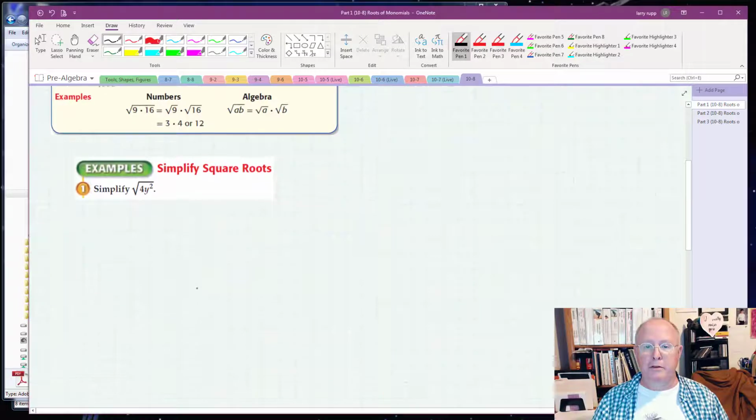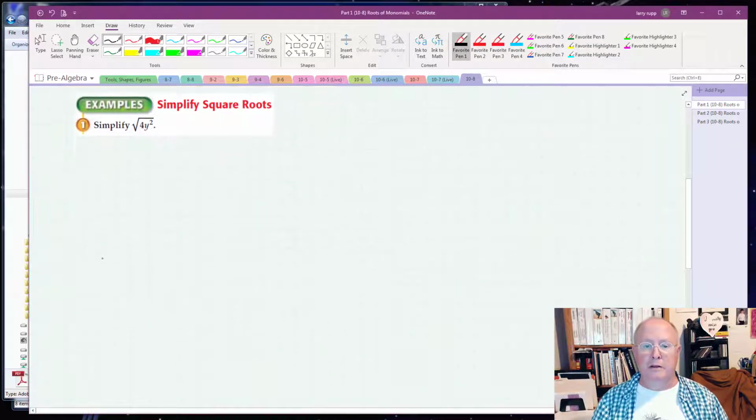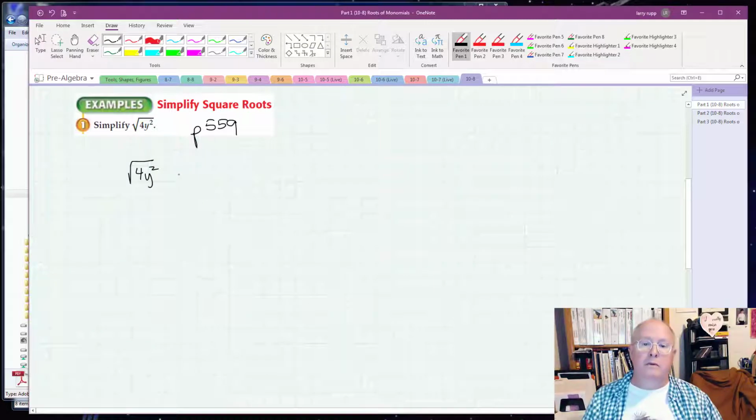So let's go down here and work example 1. Example 1 is on page 559. It says to simplify the square root of 4y squared. Well, what do we do?